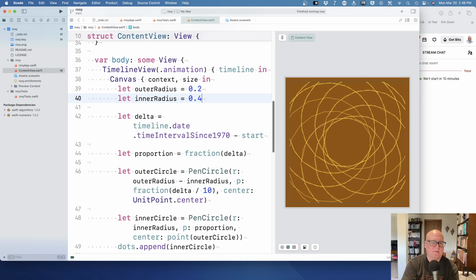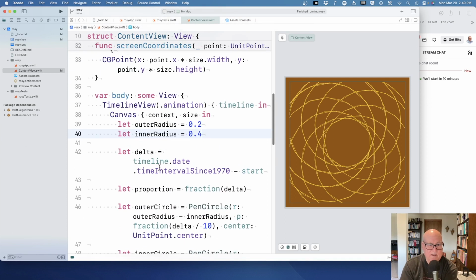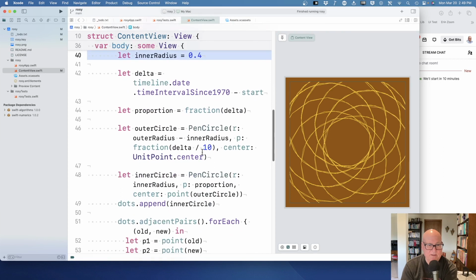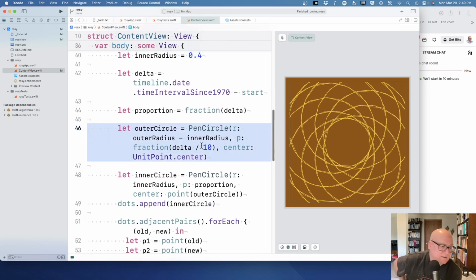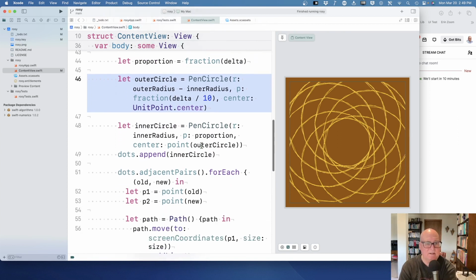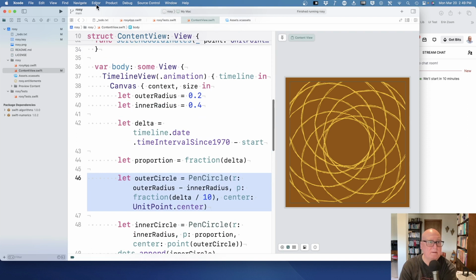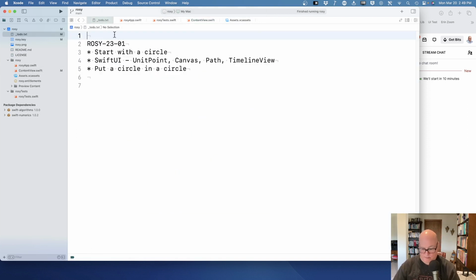Okay. Alrighty. Well, we could parameterize these: inner radius, outer radius, and time. I guess kind of the rate of spin or something like that. So that's one idea. We'll accumulate a few.